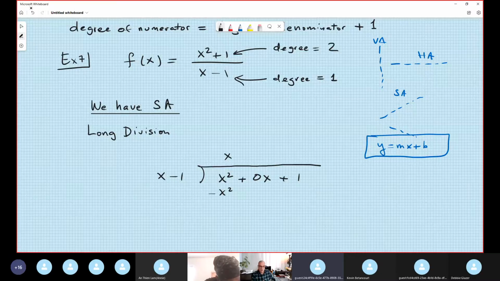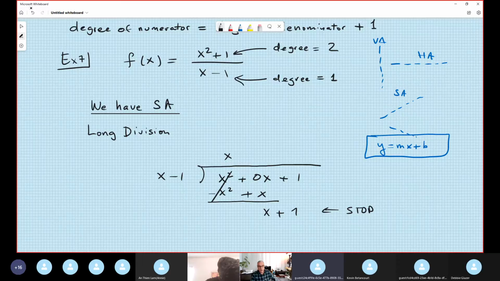Likewise, x times -1 is negative x, but by subtracting, you change the sign. This cancels out, and this is x plus 1. Stop here?